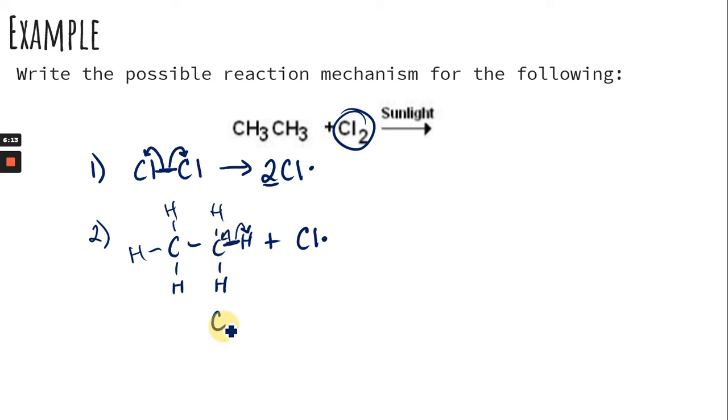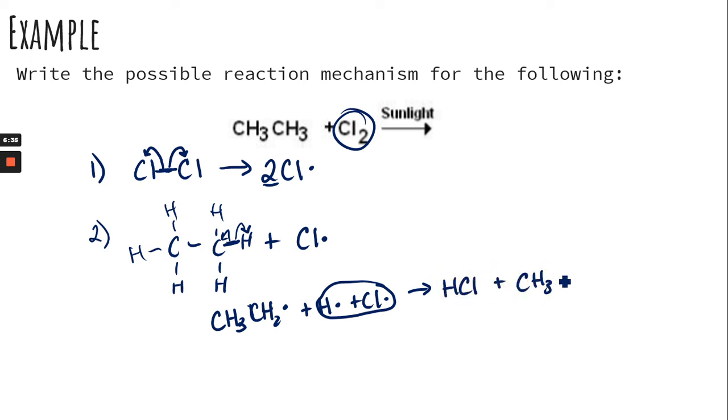So really what you're forming is a CH3CH2 radical, and then you have the hydrogen radical, and then you have the chlorine radical. And so what's going to happen is the hydrogen and the chlorine are going to get together and form HCl, and then you have your ethyl radical left over. Remember, for the second step, you have to start with a radical and end with a radical. That's how we know that the chlorine is going to react with the hydrogen and not the methyl.